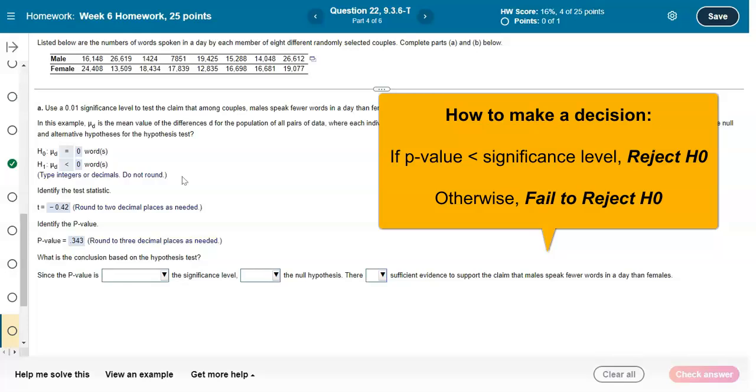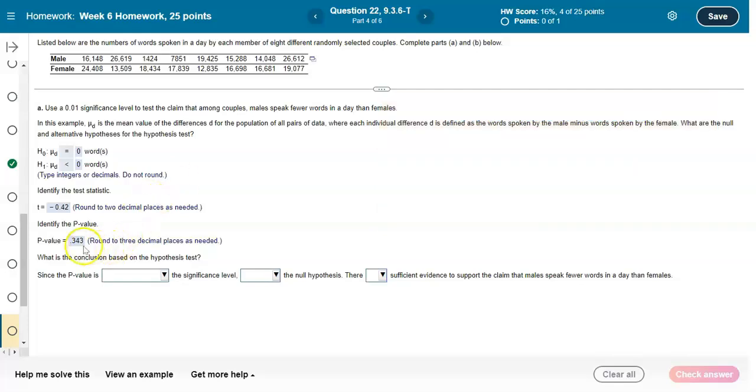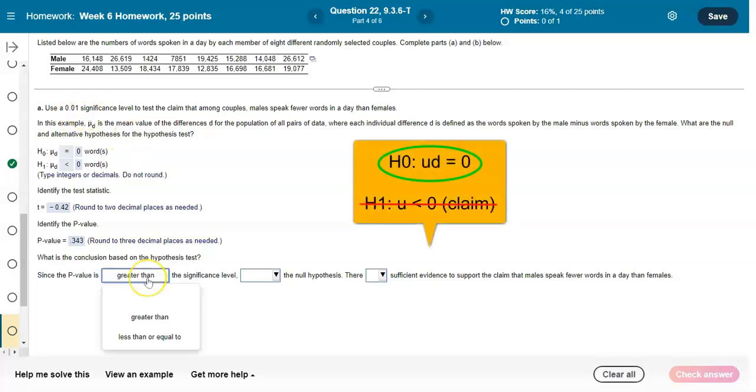If the p-value is more than the significance level, you will fail to reject H0. So in this case, our p-value of 0.343, that's a lot bigger than the significance level of 0.01. So that means we should fail to reject H0. So here, since the p-value is greater than the significance level, we will fail to reject the null hypothesis.